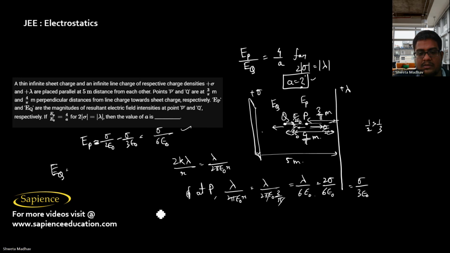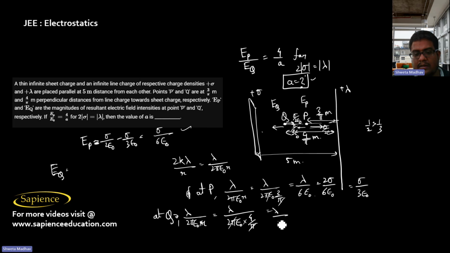At point Q this is lambda by 2 pi epsilon naught into r, and r is 4 by pi. Pi will cancel, so this is lambda by 8 epsilon naught, and lambda is 2 sigma, so 2 sigma by 8 epsilon naught, which is sigma by 4 epsilon naught.